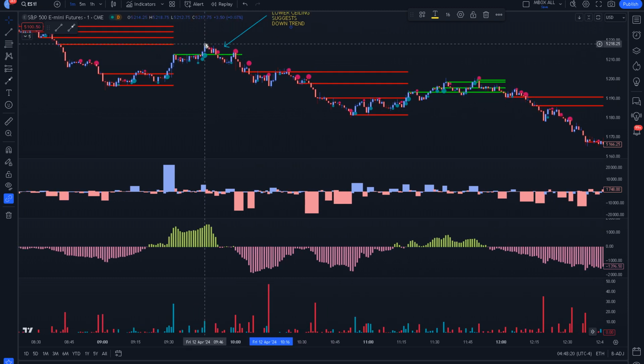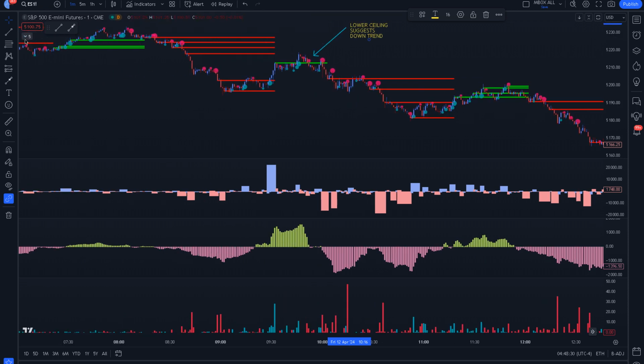So this, remember, I keep talking about it, repeats like clockwork. If we did not find the ceiling at the high point here, it suggests a reversal, right? So it's just happening over and over and over again. It's almost like magic. No new ceiling. So there's a lack of interest.